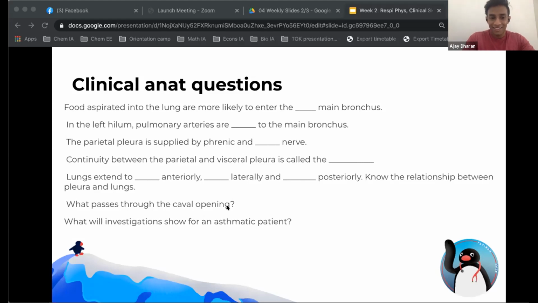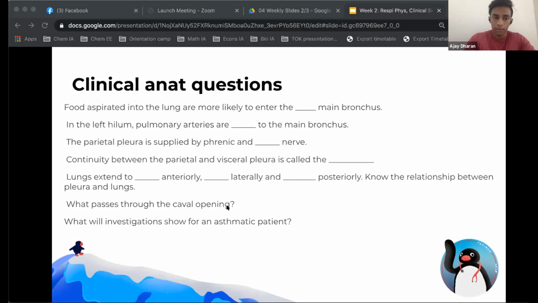Not bad. Someone got it right: the inferior vena cava, as well as your phrenic nerve. So these two key things. You need to know the structures that pass through each opening.